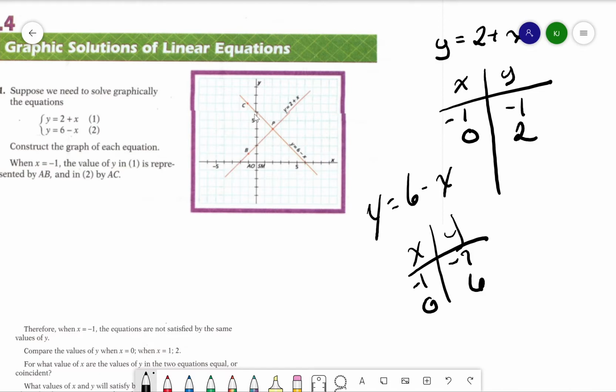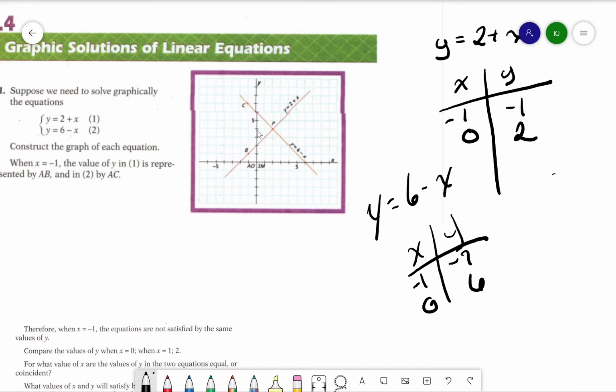For this one, if x is 0, then y is 2. And for this one, if x is 0, then y is 6.